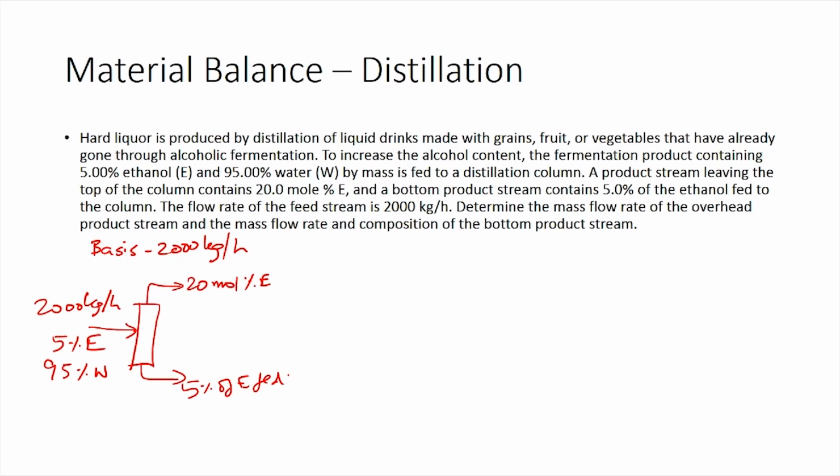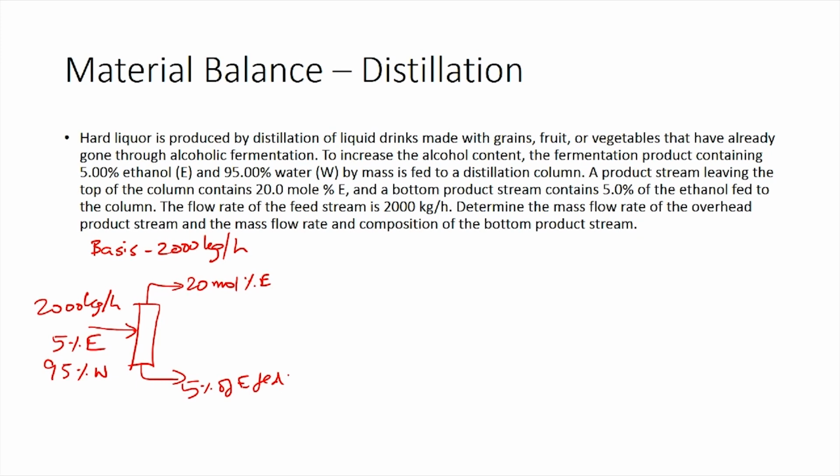This 5% does not represent a mass percentage or a mass fraction of the stream. This has nothing to do with the composition of your bottom stream. It only says that 5% of ethanol which is entering into the distillation column leaves through the bottoms, which would mean the rest would be leaving through your distillate.